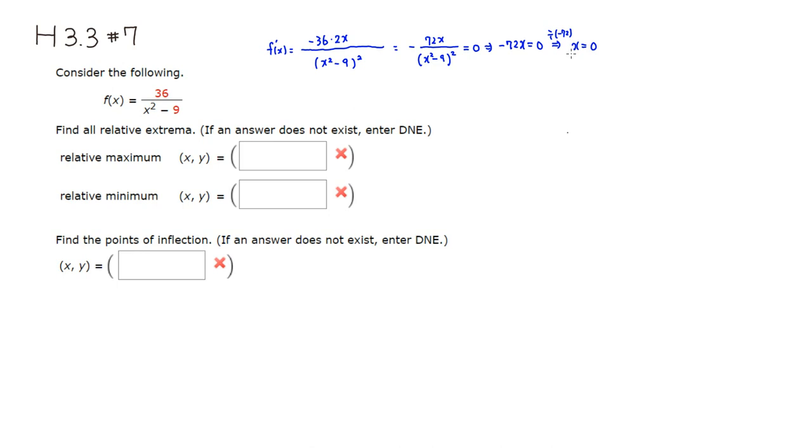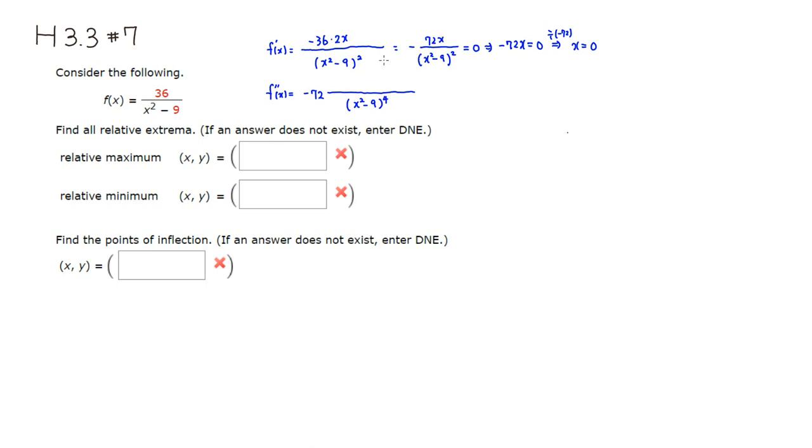We want to see if this is going to give you a relative max or a relative min. So let's take another derivative. f double prime of x is equal to, negative 72 is just a number, so I'm going to put it out here. Square the denominator, so we have quantity x squared minus 9 to the 4th power because it's already squared.